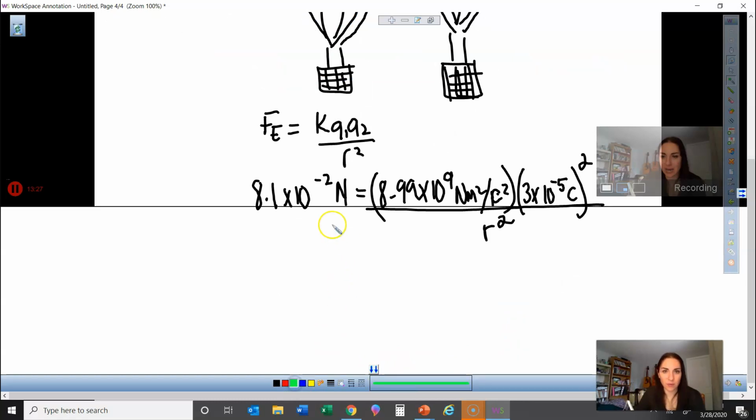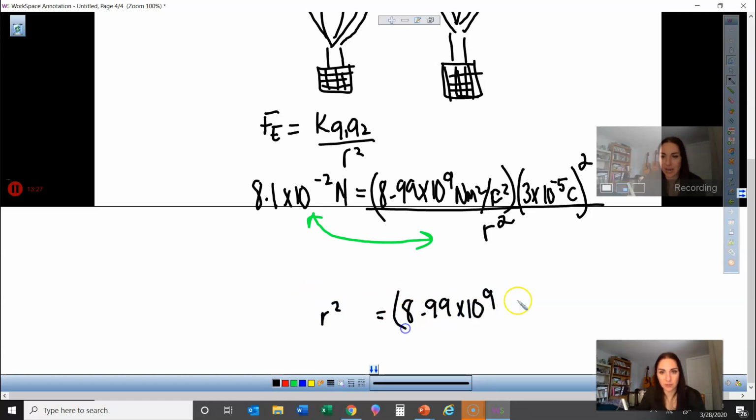Now, remember, you could do that trick. You could flip those two as long as the variable is on the bottom like that. So r squared is going to be 8.99 times 10 to the 9th, skipping units just to be quick here. Bad teacher. All divided by our force.